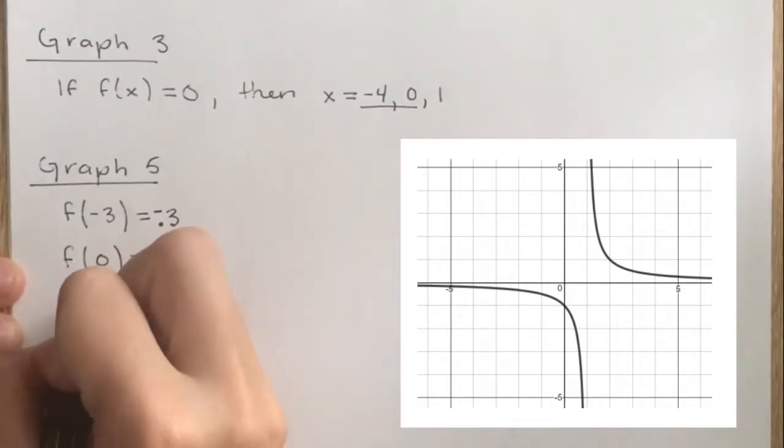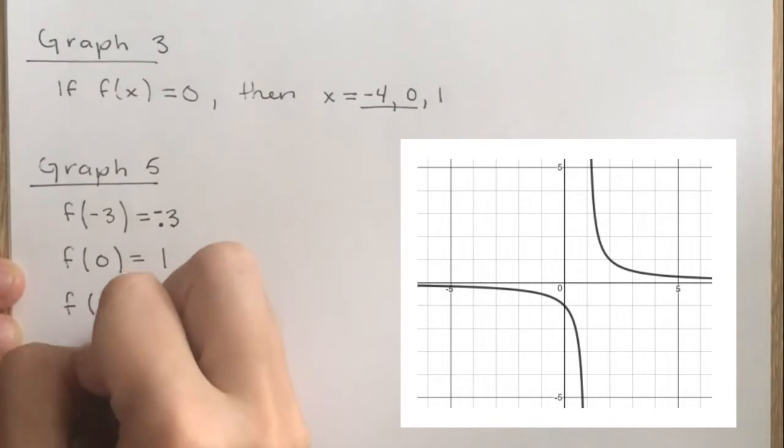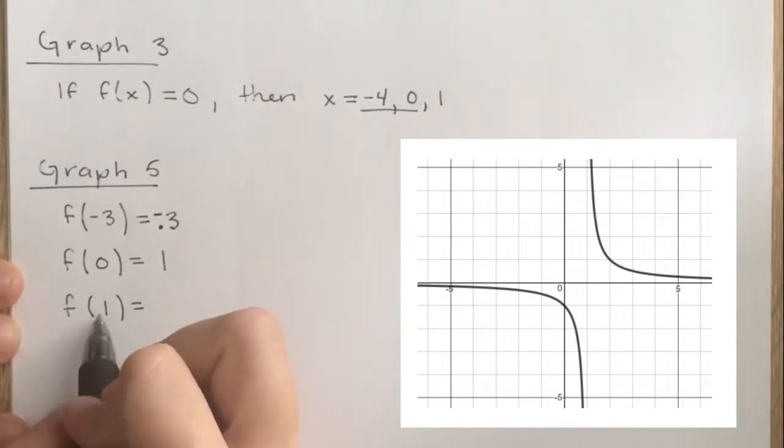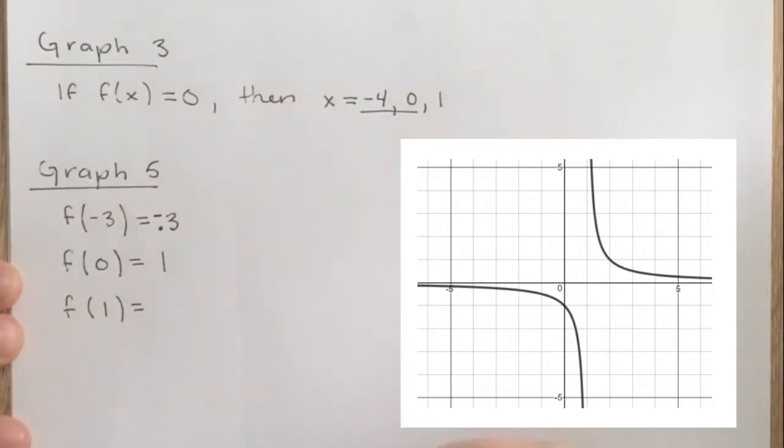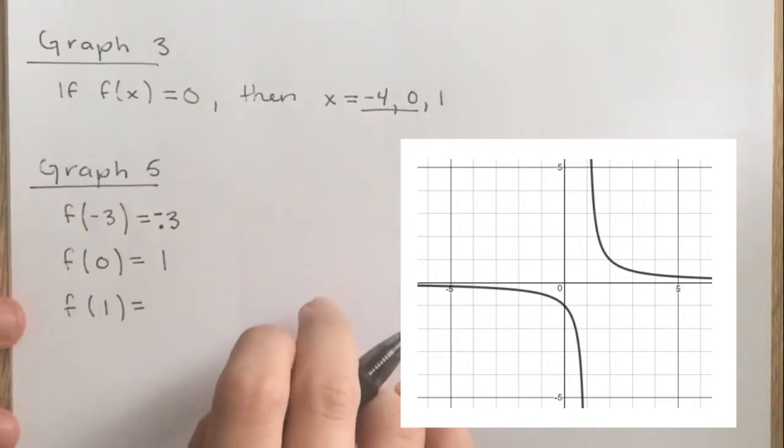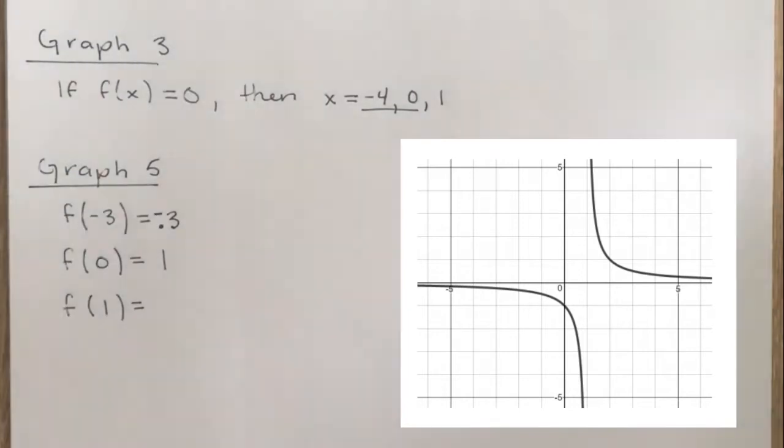Next, what is f of 1? What's going on when x equals 1 here? Well, we look to the right, 1, along the x-axis. We look up and down, and we see that we've got that weird, funky thing going on that we had when we were looking at that graph of 1 over x in the last lesson, graphing by point plotting.